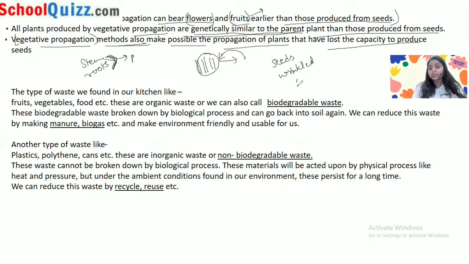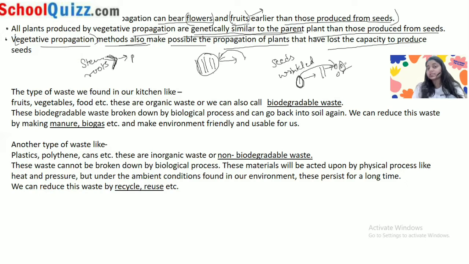Because if a seed is healthy and the plant is produced, and we again get a seed from this plant, this seed might not be healthy, small in size, wrinkled. So you can see that from a healthy seed there are also seeds produced which are not healthy, not like the parent seed. Okay, so they lost the capacity.